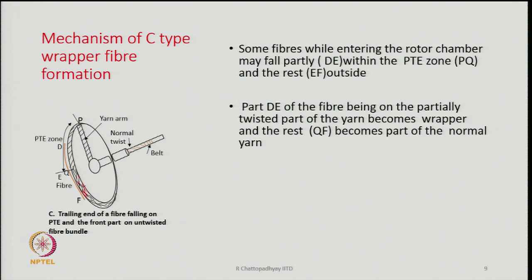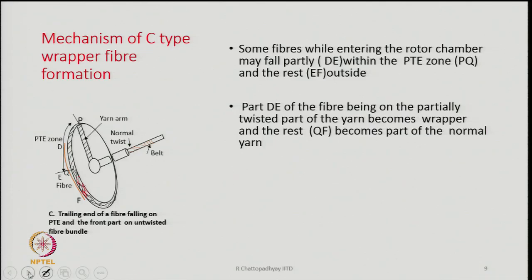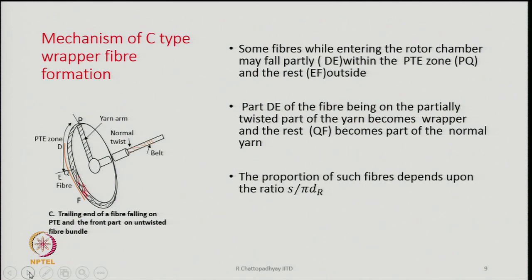That means, in the same fiber, part of it is forming the core and the rest of it is forming the sheath. So, we will have many fibers like this, where some part of it is forming the core and some part of it is forming the sheath fibers or wrapper fibers.